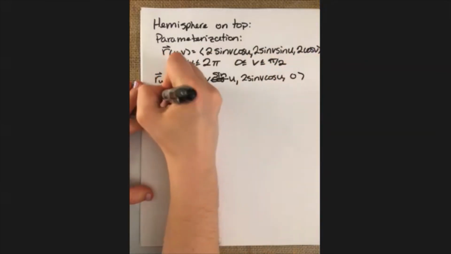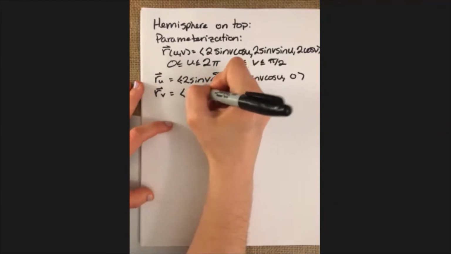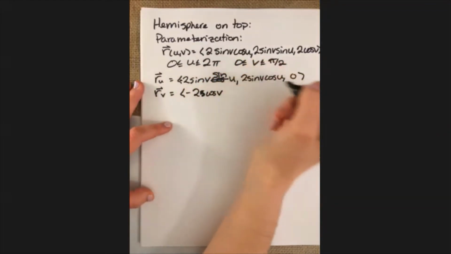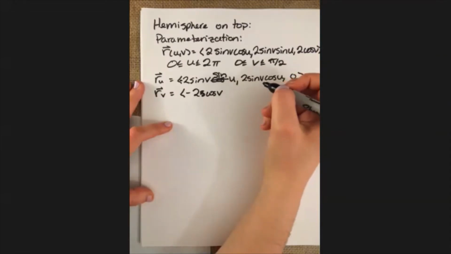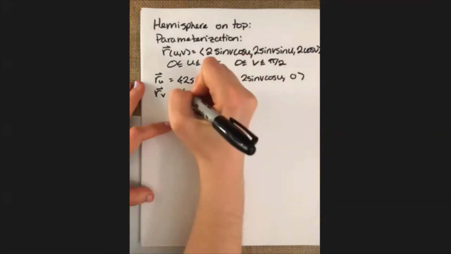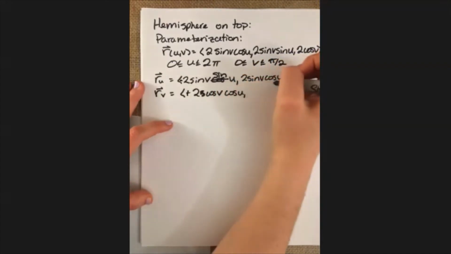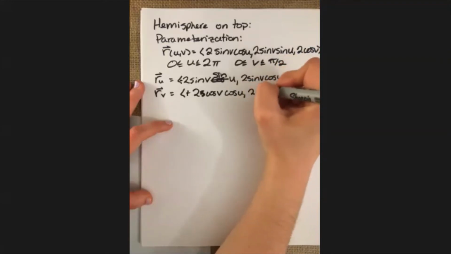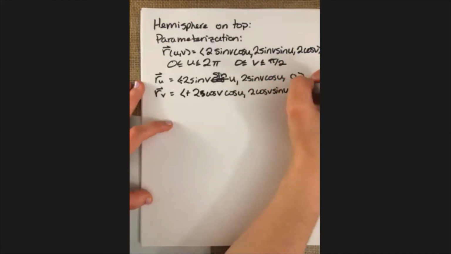And then r_v is equal to 2 cosine v cosine u, 2 cosine v sine of u, and then negative 2 sine of v.